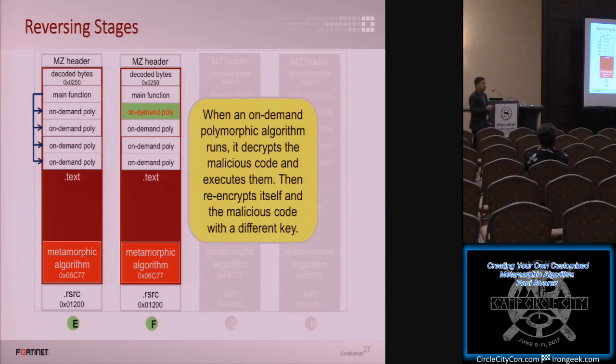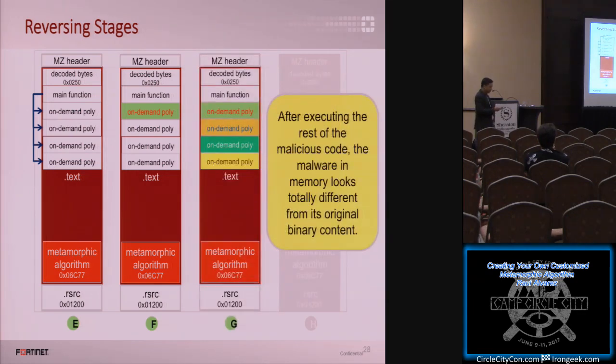That's why I call it on demand. Unlike other malware, where you can unpack it in memory and just grab it and dump it, with this one you can only see, at any given time, one decrypted sub-function. That means every time you execute a function, for example a function that drops a file, and then it encrypts it back, it is now different.